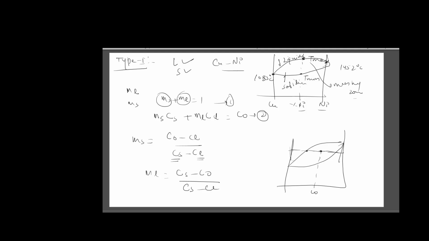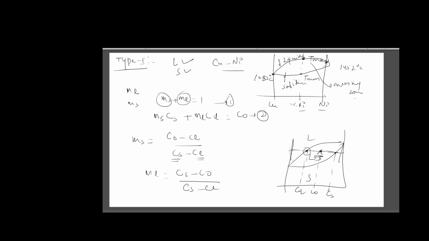Then you take this as a fulcrum. This is liquid, this is solid, this is liquid plus solid. If the composition would have been this at this temperature, this will be completely liquid. So the liquid will have this composition. So this is C liquid, and if it would have this composition Cs, then you will be able to find out the mass fraction.